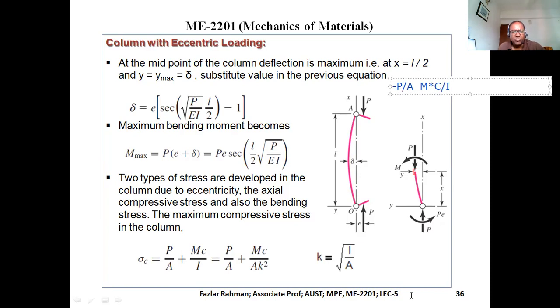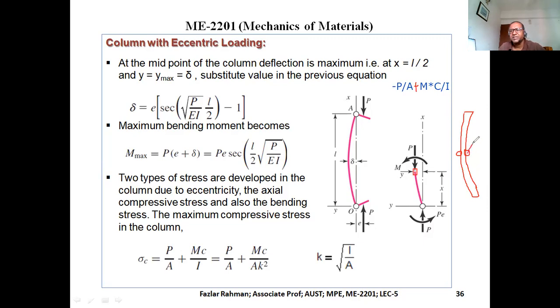So if your column has a width of, say, 2 inch or 1 inch and buckles like that, then what will happen? This side will be compression, this side will be tension. But P by A is always a compressive load. So this one is compressive, but this side will be tension. Just put a positive sign.